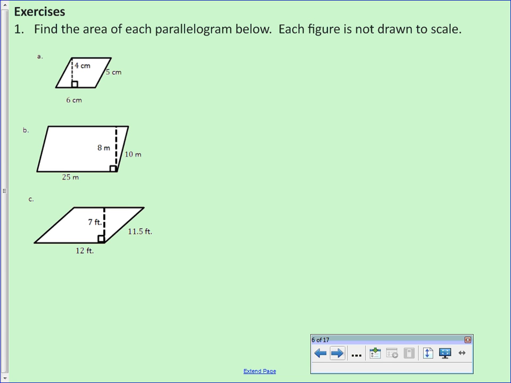So now I want you to try 1A, B, and C by yourself, but let's do number 1 together so I can show you exactly how I want it set up. Make sure the first row, you write the formula, area equals base times height. Then, as you know from our other modules, you replace the letters with numbers.